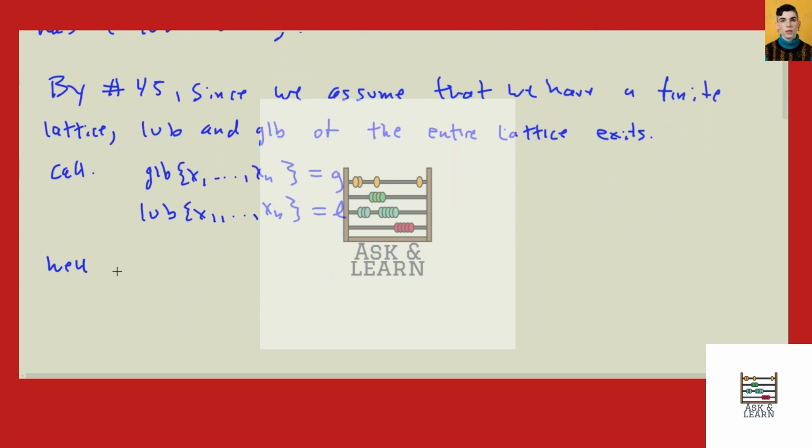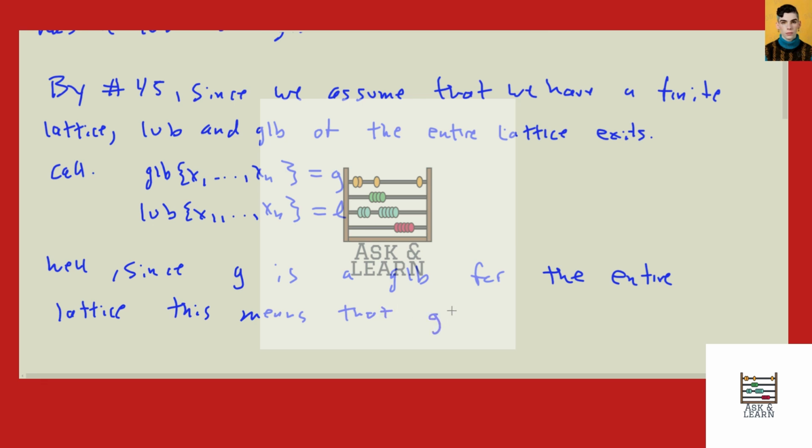Well, remember this is the greatest lower bound for everything. So since g is a greatest lower bound for the entire lattice, this means that g, remember what it means to be a lower bound is that it's below everything.